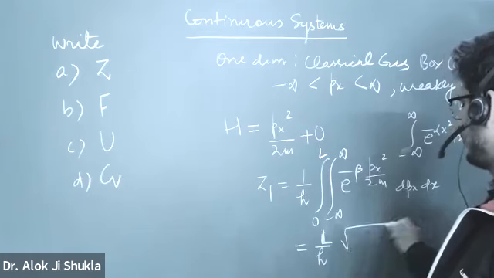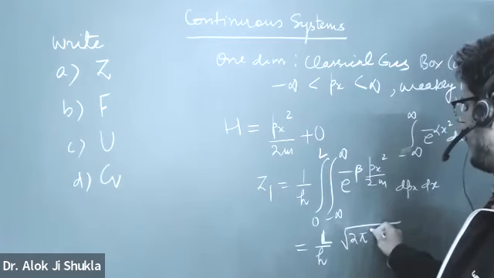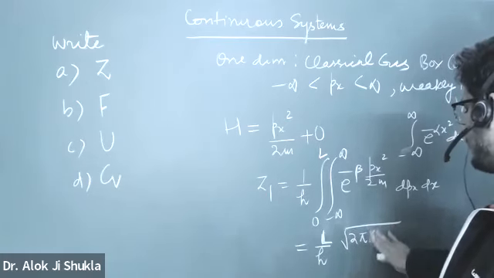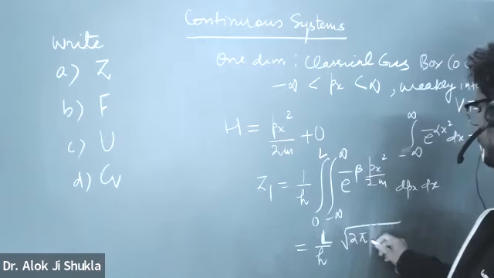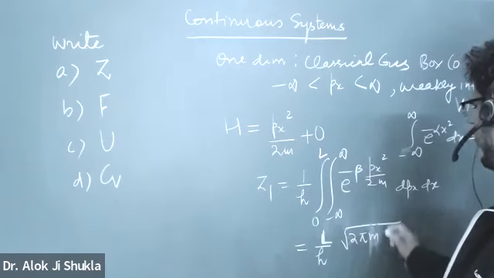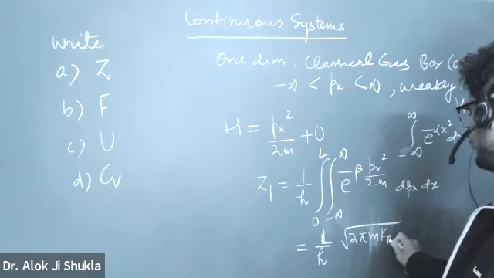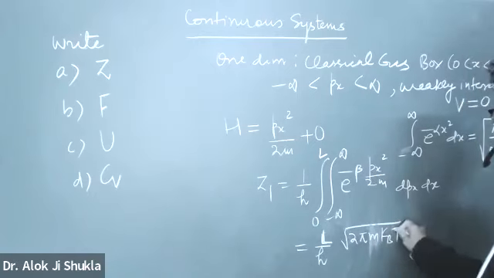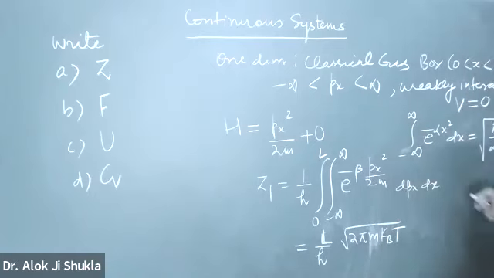It will become under root of 2 pi m kBT, where beta is 1 by kBT. That integral is going outside the board.